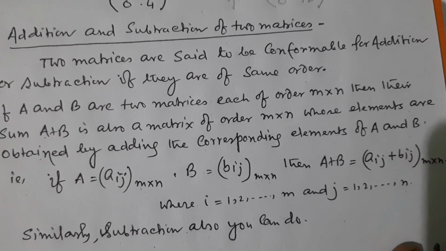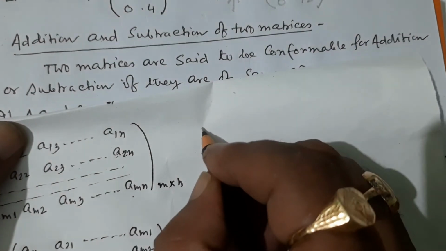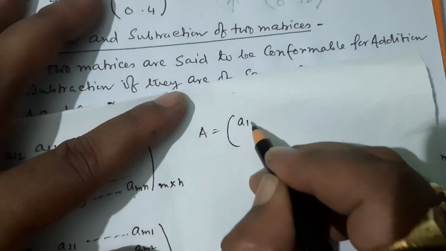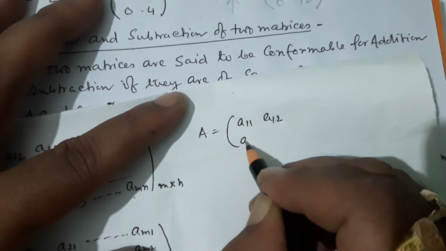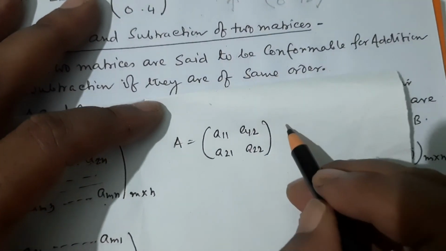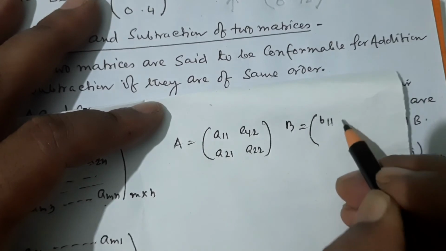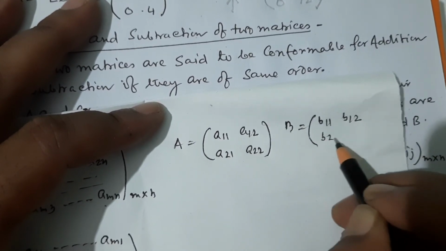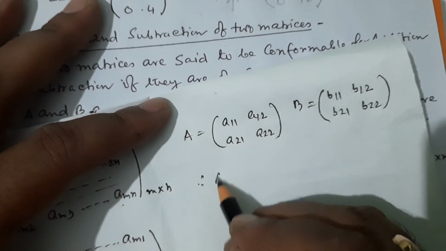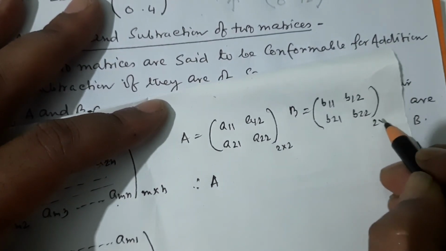Let's give an example. Suppose A equals [a11, a12; a21, a22]. B is another matrix, [b11, b12; b21, b22]. So we can add here. The order of the matrix A is 2 cross 2. The order of the matrix B is also 2 cross 2.